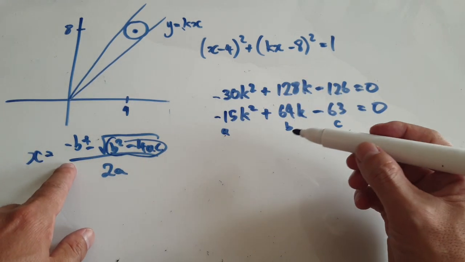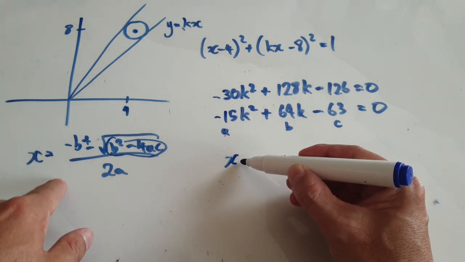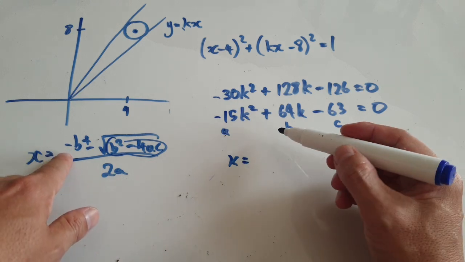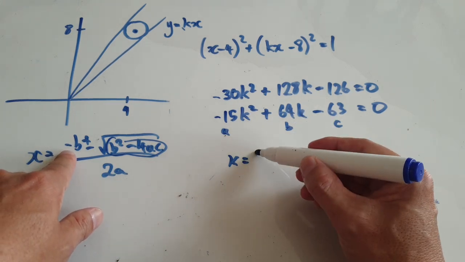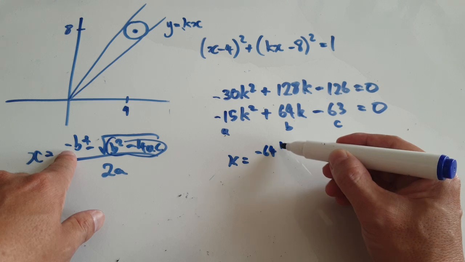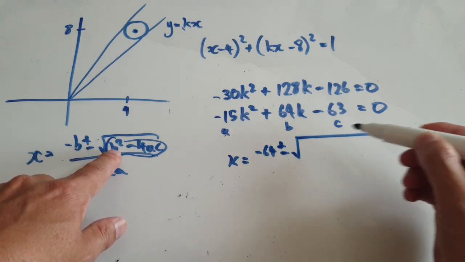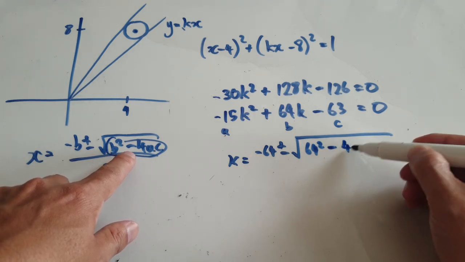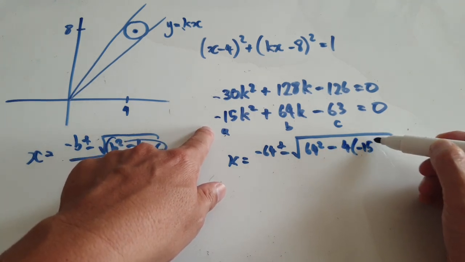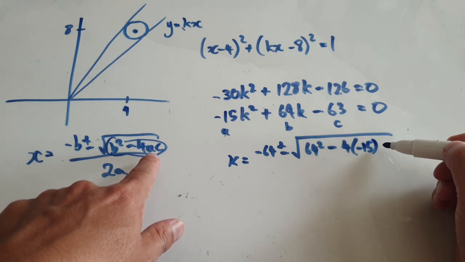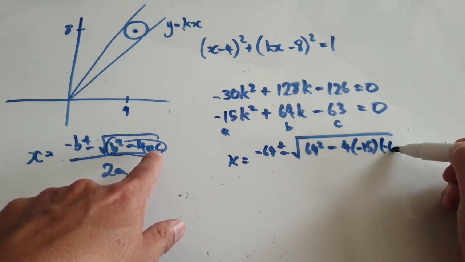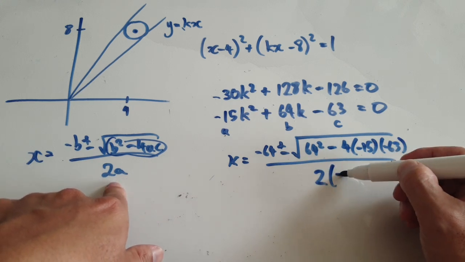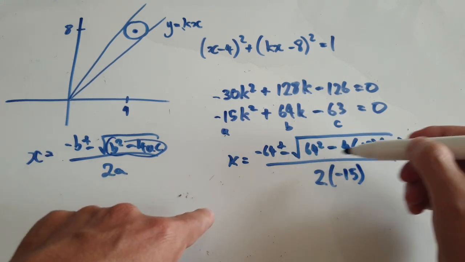So applying this formula, k equals minus b, so that would be minus 64, plus minus root of b squared, which would be 64 squared, take away 4a, where a is negative 15, c is negative 63, and then divided by 2 times negative 15. And then jump to your calculator.